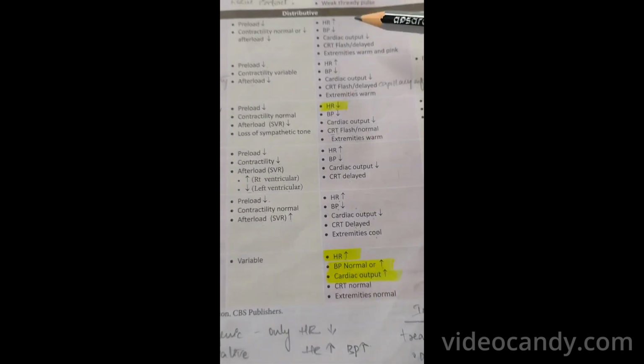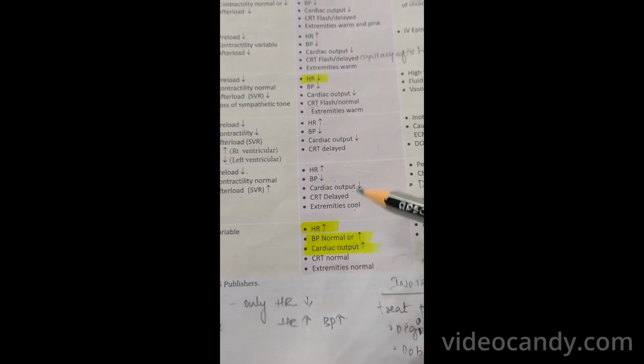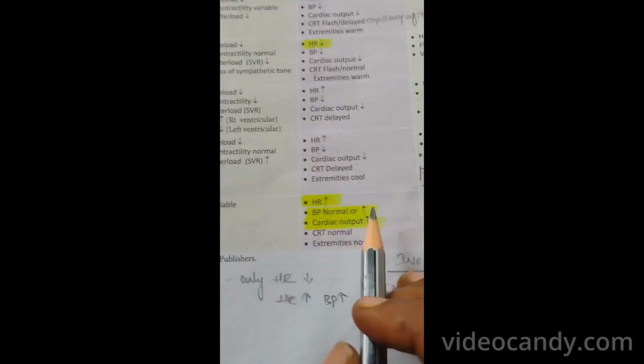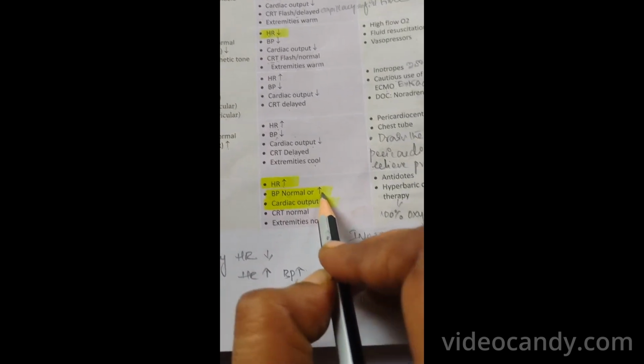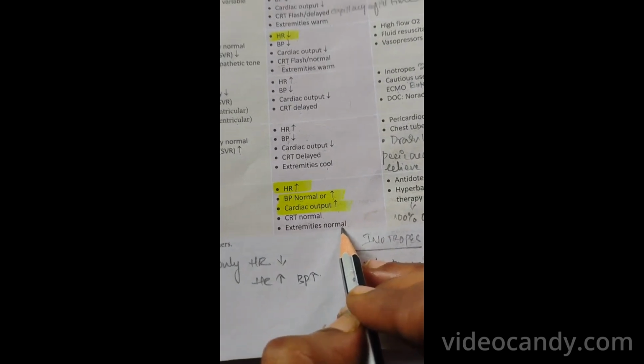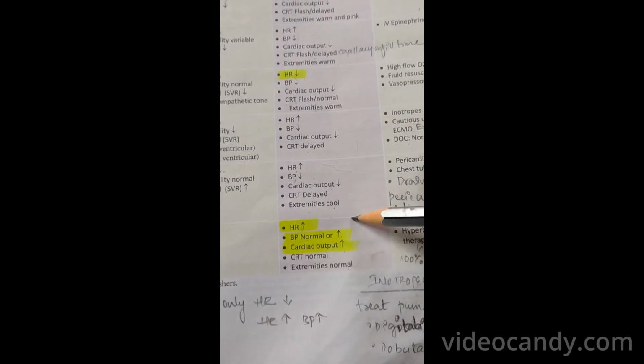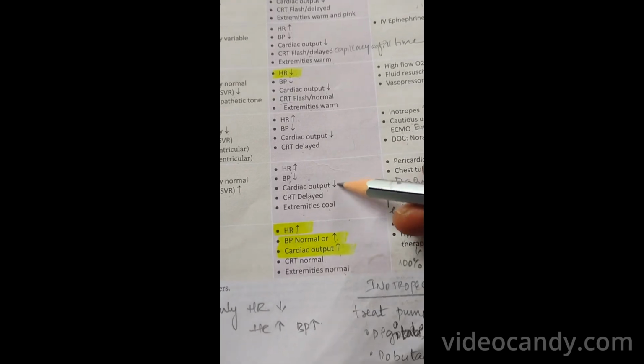In all other types of shock we saw that blood pressure decreases, but this is the only type where BP is normal or increases. CRT normal and extremities normal. Cardiac output is decreased in almost all types of shock except dissociative shock.